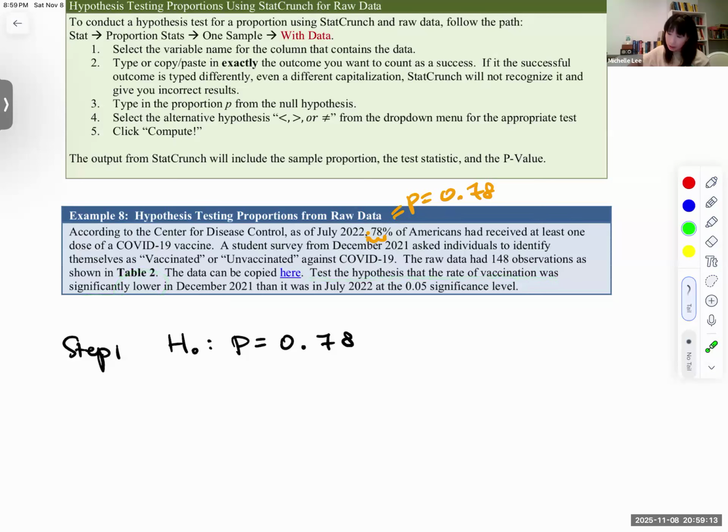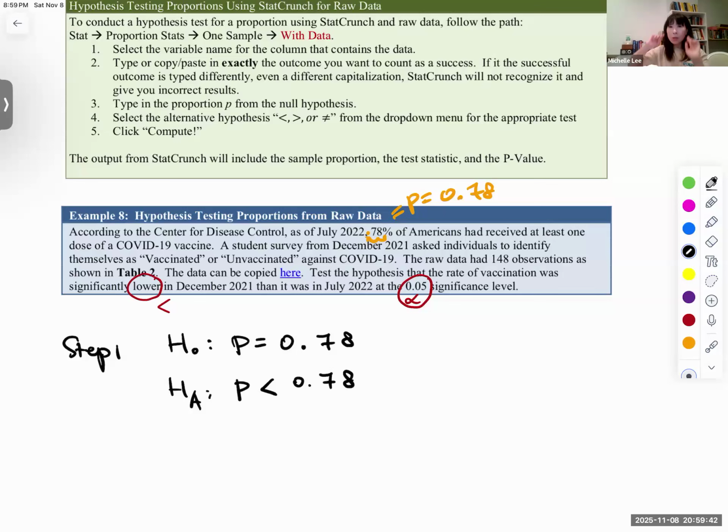So lower, that means less than, right? Okay, then alpha equal to 0.05, right? Now alternative hypothesis, we have to write down same P and same value, and then lower, that means less than. Yeah, we are using that.